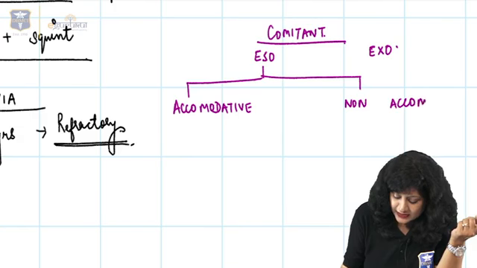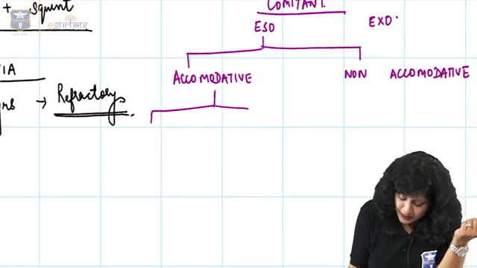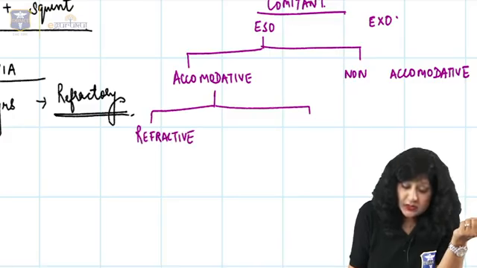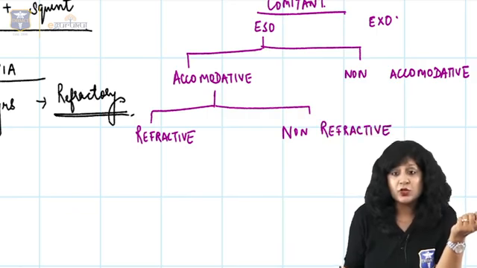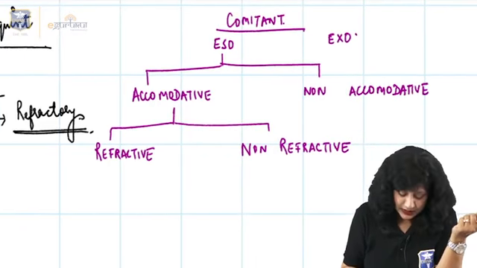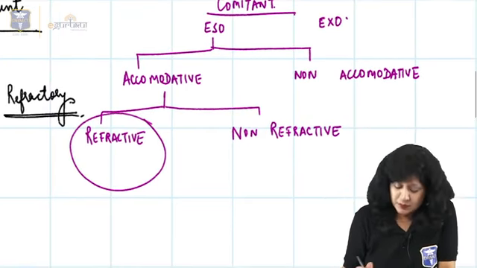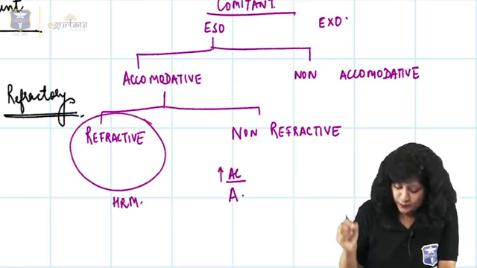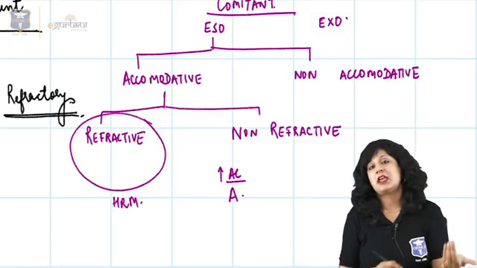And when it comes to the accommodative squint, again I can have two: the refractive kind of accommodative squint, or the non-refractive variety. So maybe this 3-year-old girl is having the refractive variety, with uncorrected refractive error, hypermetropia, or she can be having a high AC/A ratio. So visual acuity is affected, the patient can have amblyopia, and therefore it can become refractory.